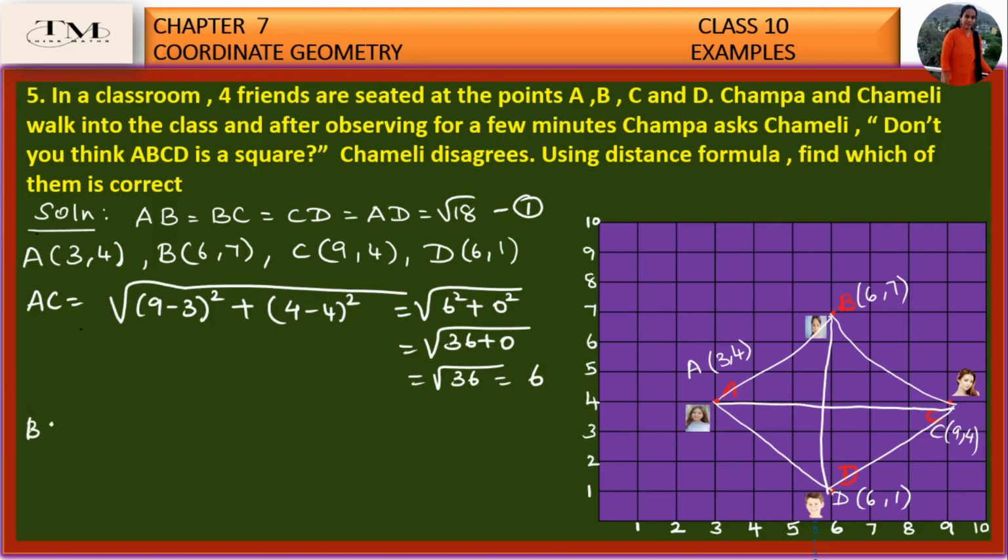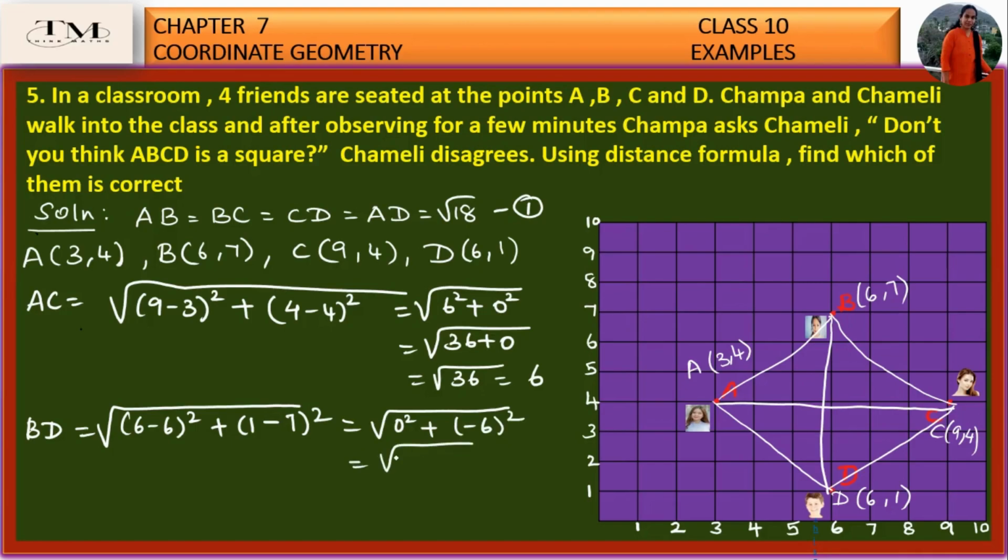What about BD? So BD is equal to square root of x2 minus x1. So x2 is 6 and x1 is also 6. So 6 minus 6 whole square plus y2, y2 is 1, minus y1 is 7. So 1 minus 7 whole square, which is equal to 6 minus 6 is 0 plus 1 minus 7 is minus 6 whole square.